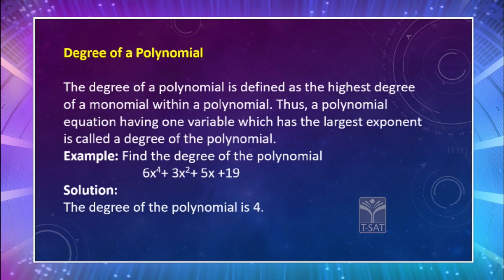Among 4, 2, 1, 0, the highest one is 4. So, the degree of the given polynomial 6x to the power 4 plus 3x square plus 5x plus 19 is 4.